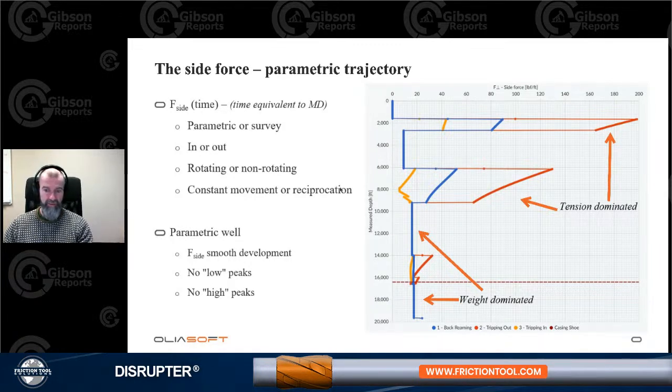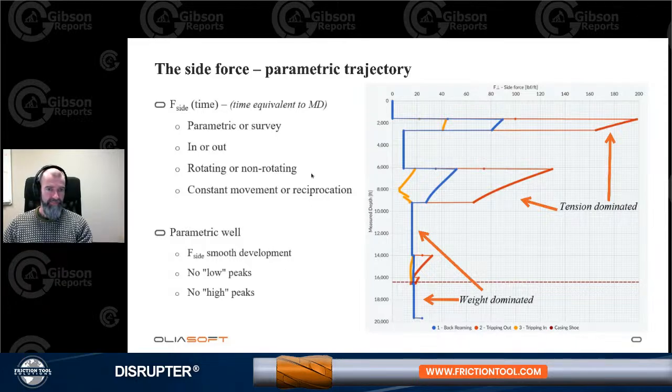If the drill bit is just at the casing shoe of the last section and starting its drilling, it will have different side forces compared to if it's all the way at the bottom where you're going to stop drilling at your TD.